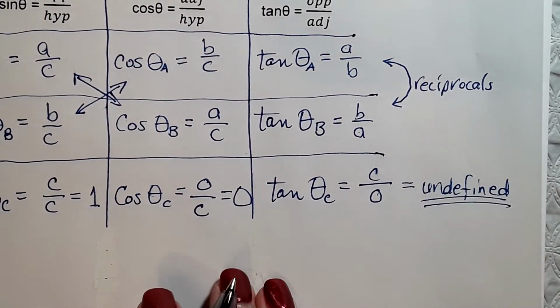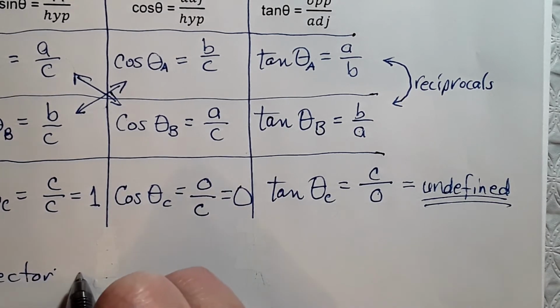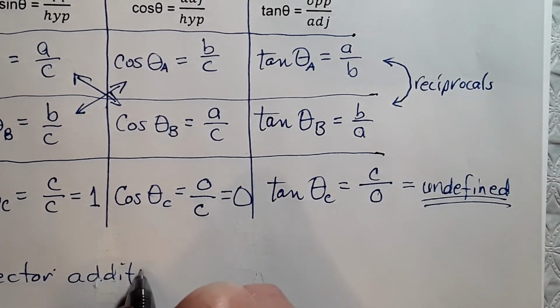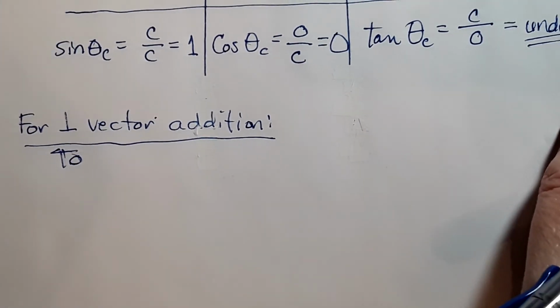How do we do this? All right? Well, basically, look at the math. For perpendicular vector addition, okay? Oops, I need to put it so you guys can see it. Sorry.